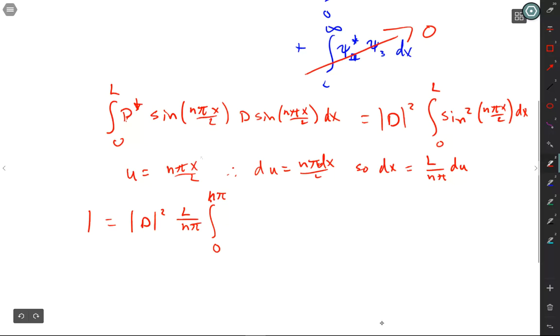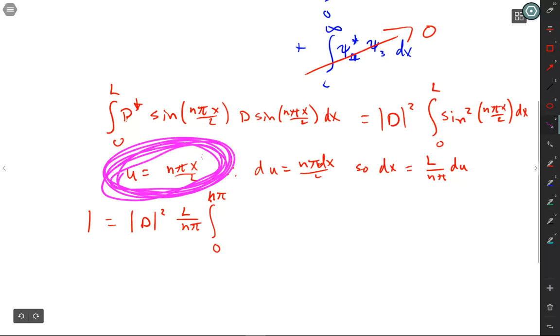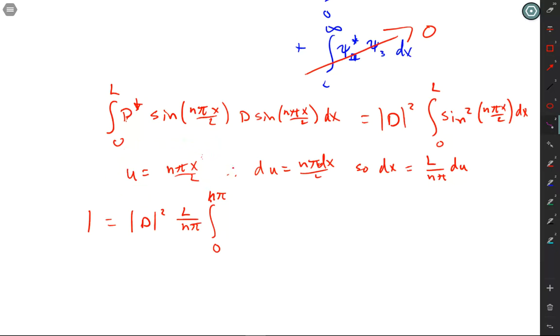If I put in L for x here, the x and L cancel, and it's just going to leave n pi. So my limit for the integral is going to be n pi, sine squared u du.